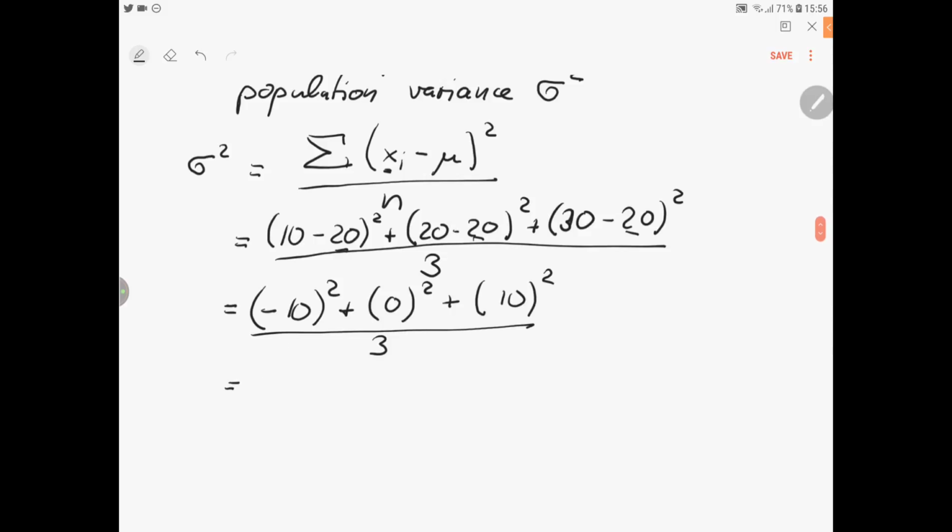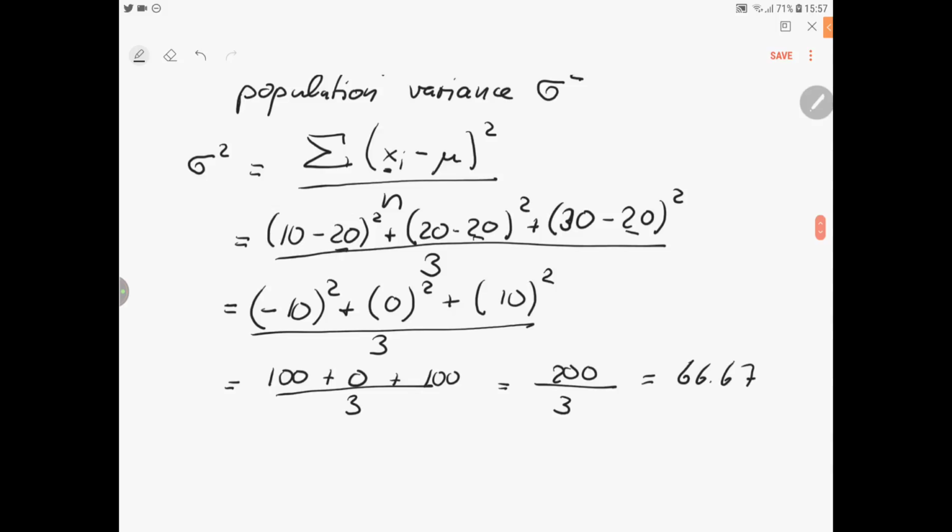It gives us minus 10 squared, that gives 100, plus 0 plus 10 squared also gives 100, divided by 3. So here we have 200 divided by 3, and the value for sigma squared for our variance therefore would be 66.67. That is our population variance.